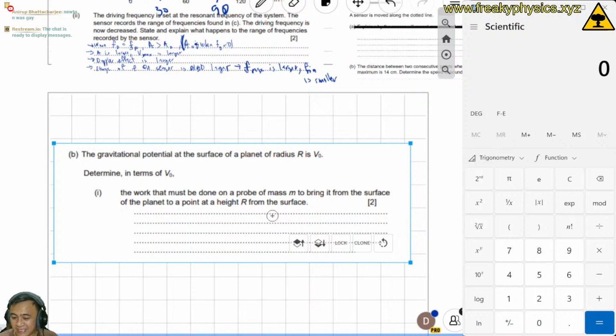But because it's moving faster now, it's going to both increase that maximum frequency and decrease that minimum frequency. I wouldn't say there are two values, but there's a range of values between those two.